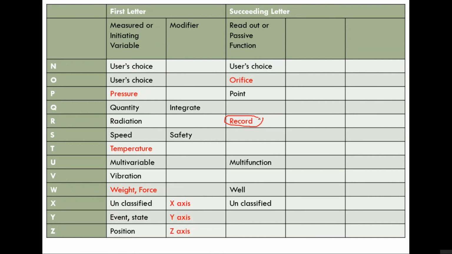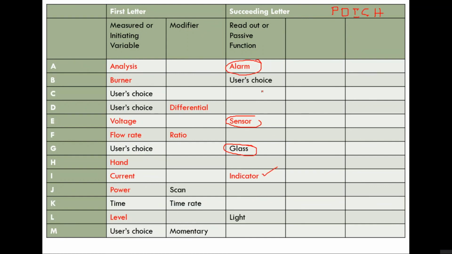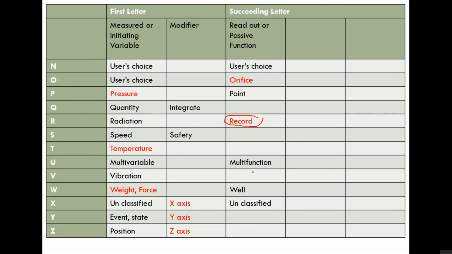Okay. Now the remaining things are not important, so I am leaving that. So please remember, for the readout function, which is the succeeding letter: A for alarm, E for primary element, that is sensor, I for indicator, O for orifice, and R for record.